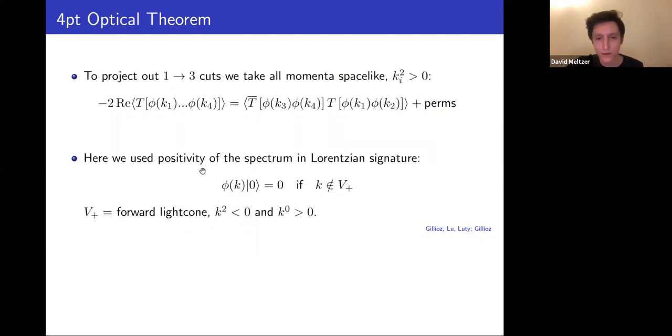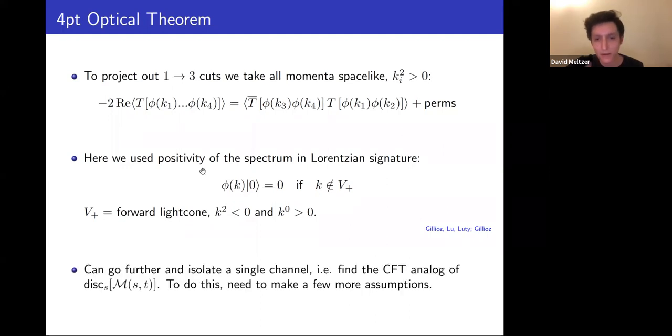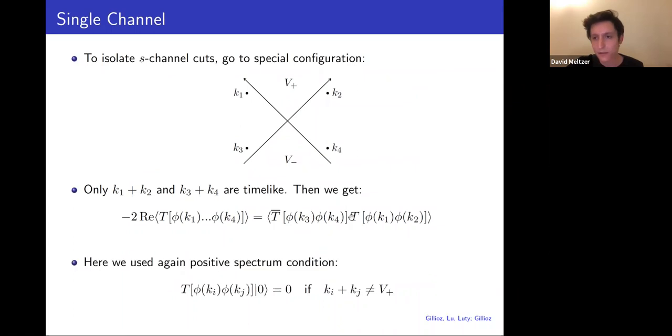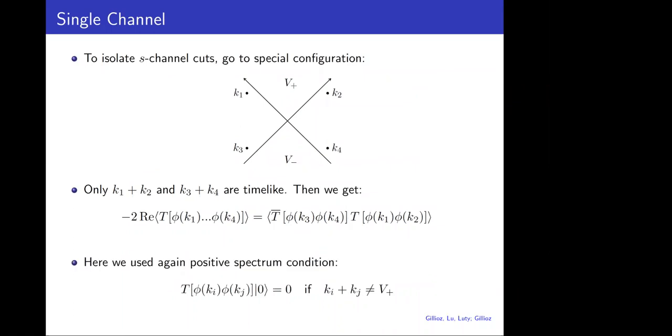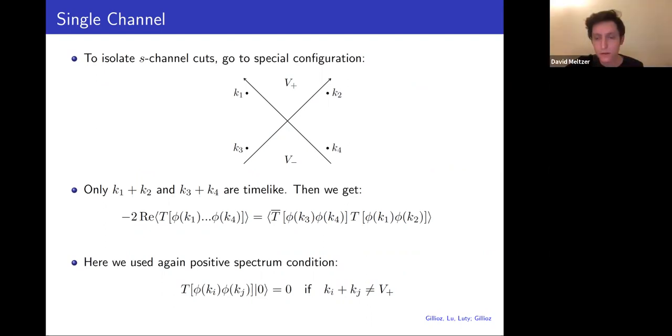But I think the simplest argument is that the space of states has positive energy, and I can insert a complete set of states. So somehow the statement is that only annihilators appear in this time-ordered thing, if Ki plus Kj is not in V plus? Yes, the other time-ordered products just vanish when acting on the vacuum.